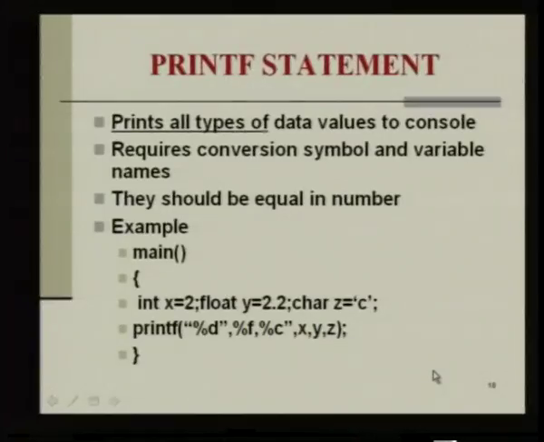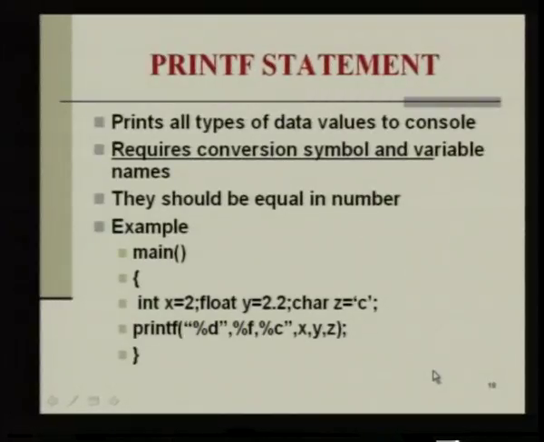So the formatted functions, as we have seen, are the scanf and the printf statement. First we will see in detail about the printf statement. It prints all types of data values to the console. Console is nothing but the output screen. All types of data values means integer, float, double and character. This requires a conversion symbol and the variable names.